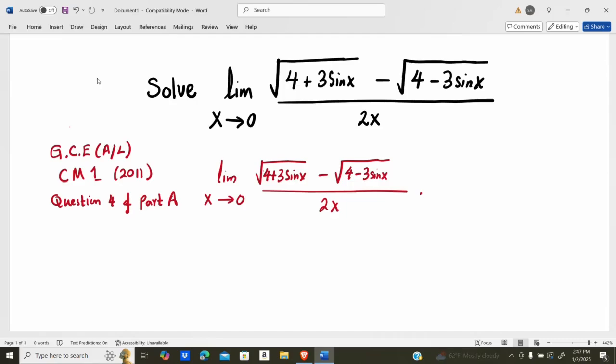You are dividing and multiplying by the same thing, so it's just like multiplying the original expression by 1. This is the conjugate. You just change the minus sign to a plus sign, and that's how you get the conjugate: plus square root 4 minus 3 sine x, and then you divide by the same expression.